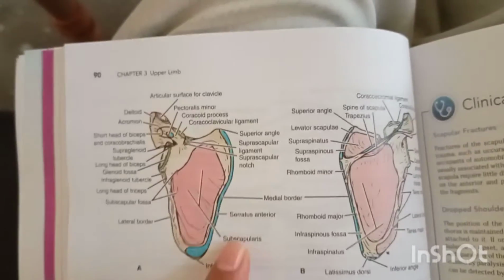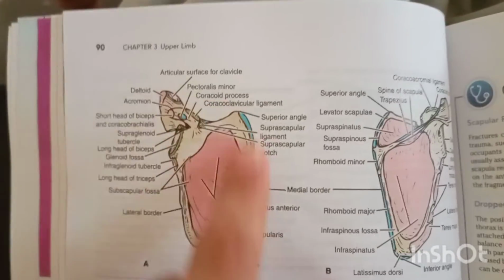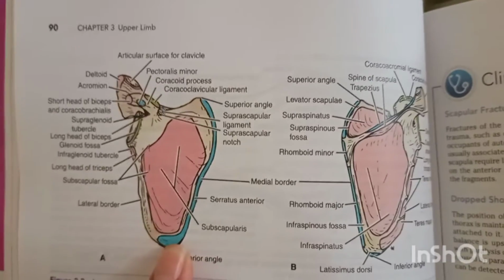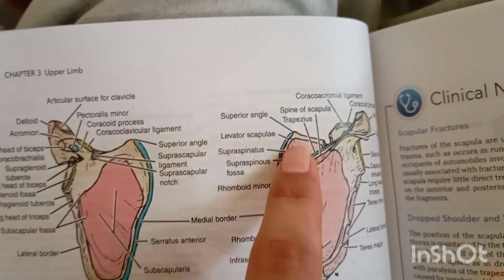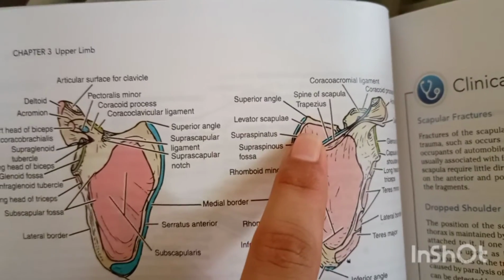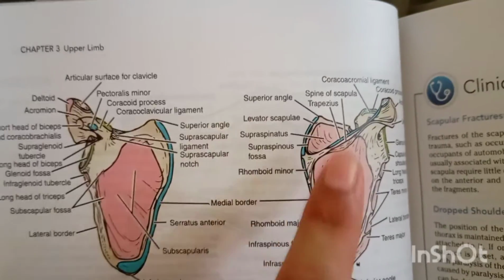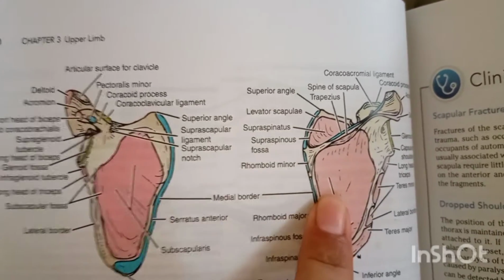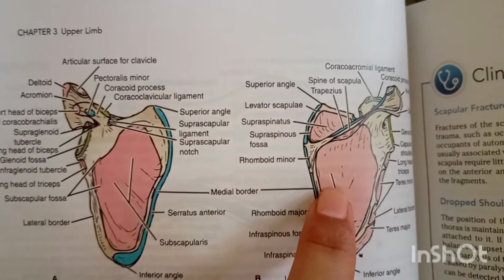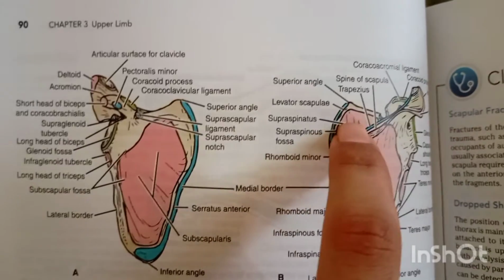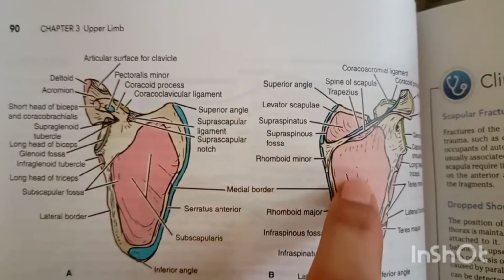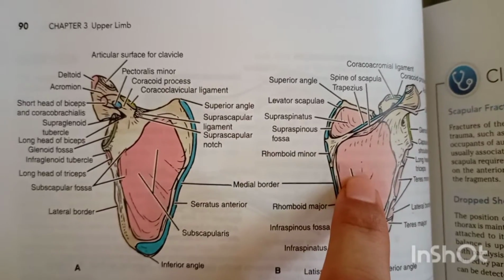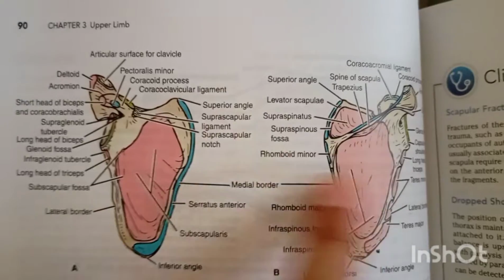We talk about the muscles attached on the scapula. As we discussed, the muscle above the spine is called supraspinatus, and below is infraspinatus. Supraspinatus is attached to the supraspinous fossa, and infraspinatus to the infraspinous fossa.